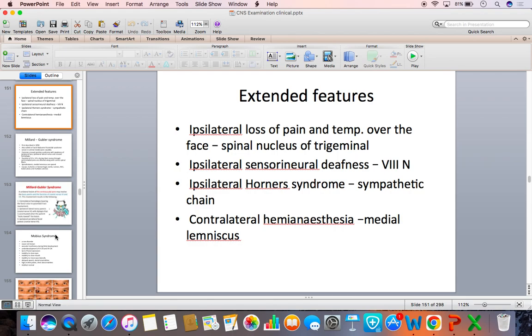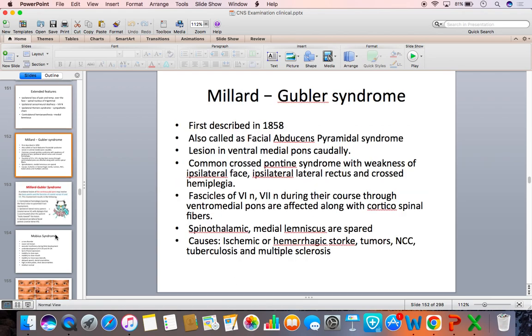So, in Foville's syndrome, when the lesion extends downwards and laterally, it involves these particular structures with the additional clinical manifestations. So this is very easy to remember once you remember the structure of the pons. That is the importance of having the knowledge of basic neuroanatomy.